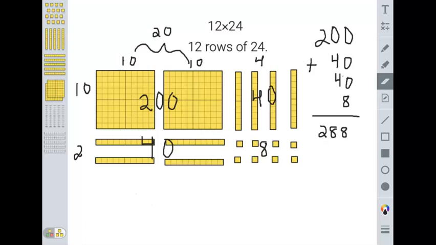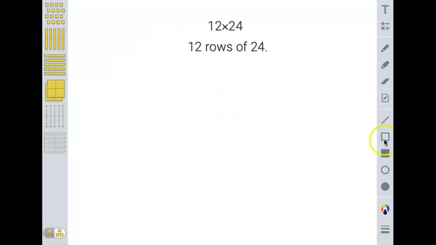For our pictorial model, we will be using squares, sticks, and dots in order to represent our hundreds, tens, and ones.